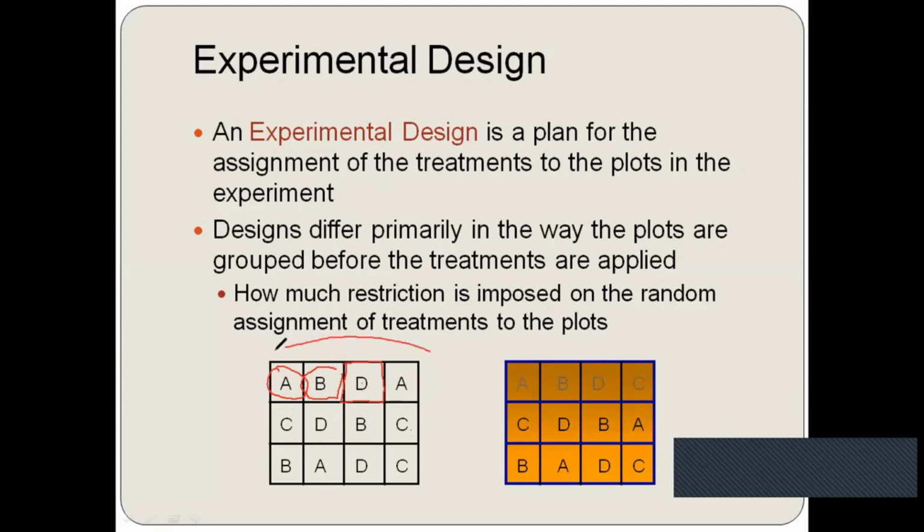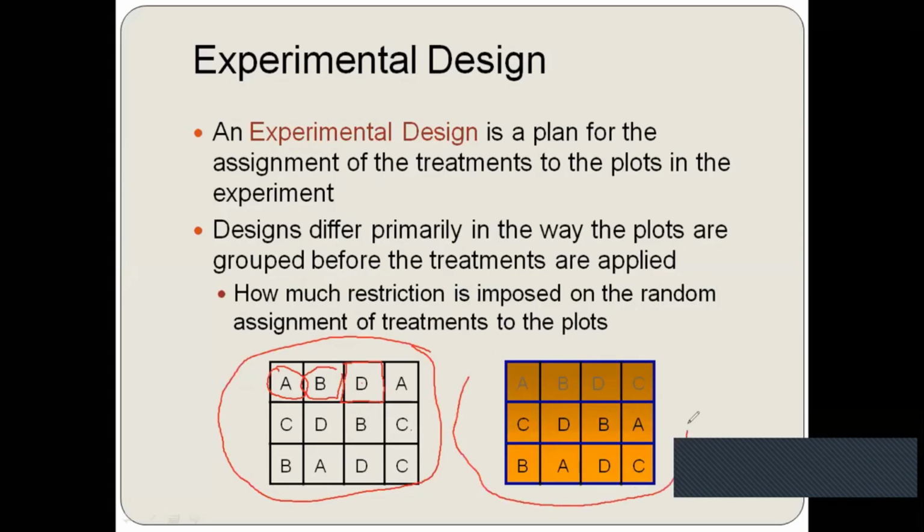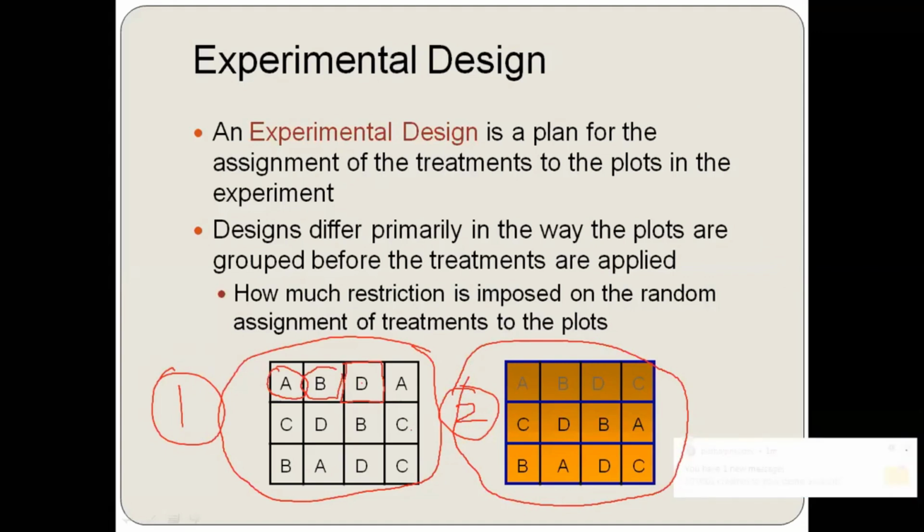This is one way of doing randomization. Look at these two. Can we accept? This is one way of doing, this is another way of doing. Can somebody tell me which one is correct? Which one is wrong? Or are both wrong? Or both correct? Somebody tell me what the situation is.